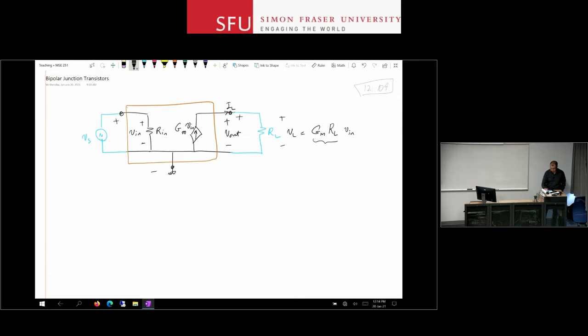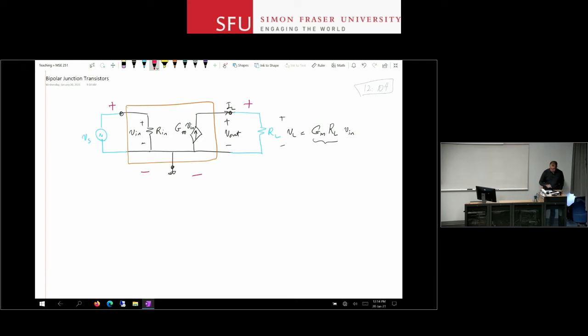So these 2 are going to be my output. Let me use a different color. So this terminal is going to be my output. There's a current and a voltage there, and this is my input. So I want to have an input and an output. To save on the number of pins, I'm sharing the ground connection between the input and output. So, a 3-terminal device that can do this.